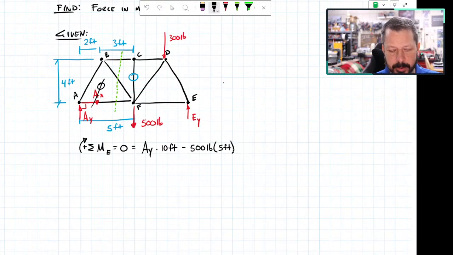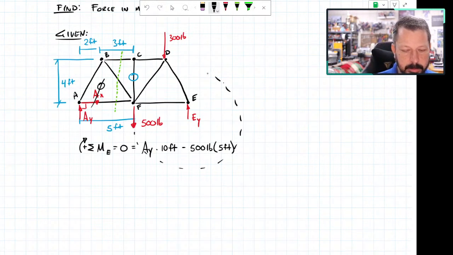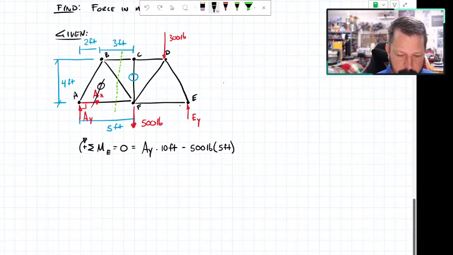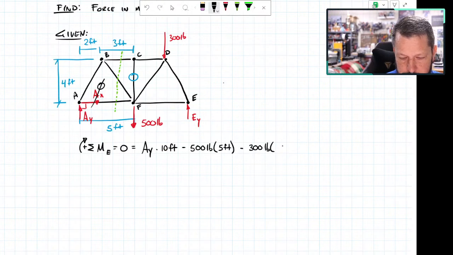That's a negative moment created by the 500 pounds because it's going counterclockwise around E. I said that clockwise was positive, so if it goes counterclockwise, that means it's negative. Let's erase all these little dots. The 300 is doing the same thing, so it's also negative. It has a 2-foot moment arm.